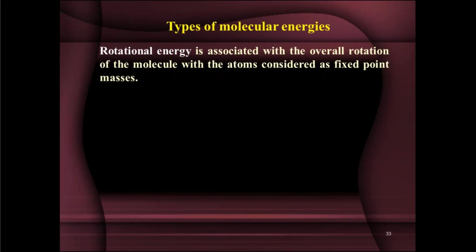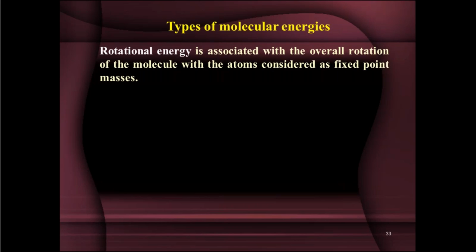Types of molecular energies. Rotational energy, this is one type. It is associated with the overall rotation of the molecule with atoms considered as fixed point masses. Imagine a molecule which has a number of atoms.